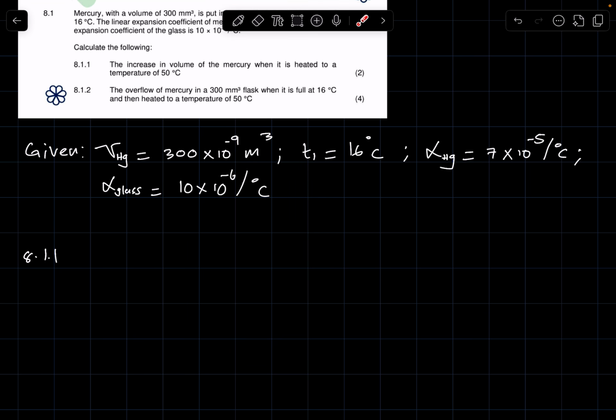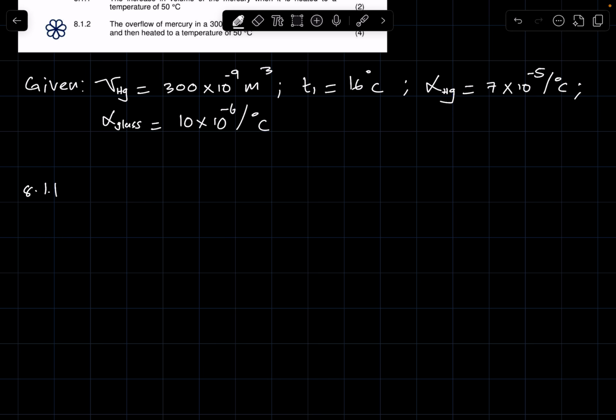They want us to calculate the increase in volume, which is essentially the expansion in volume, or the change in volume.